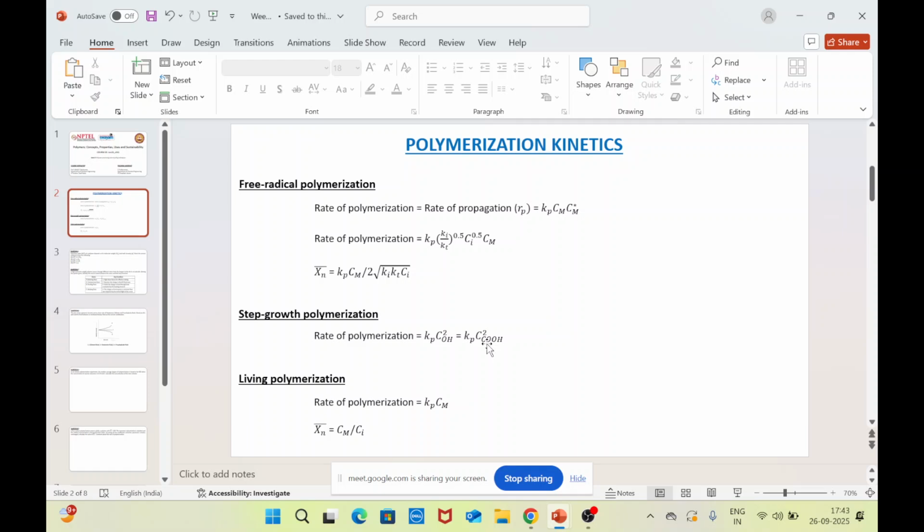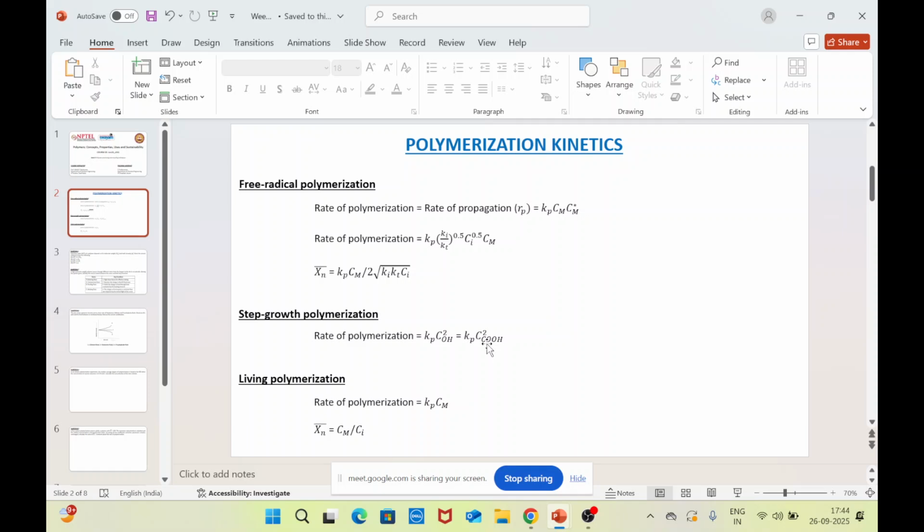Depending upon the type of polymer we want to produce, we choose which kind of industrial polymerization process to carry out. In the case of, let's say, polystyrene, we go with bulk, suspension, or emulsion polymerization. Similarly, for LDPE and HDPE, the industrial process varies.